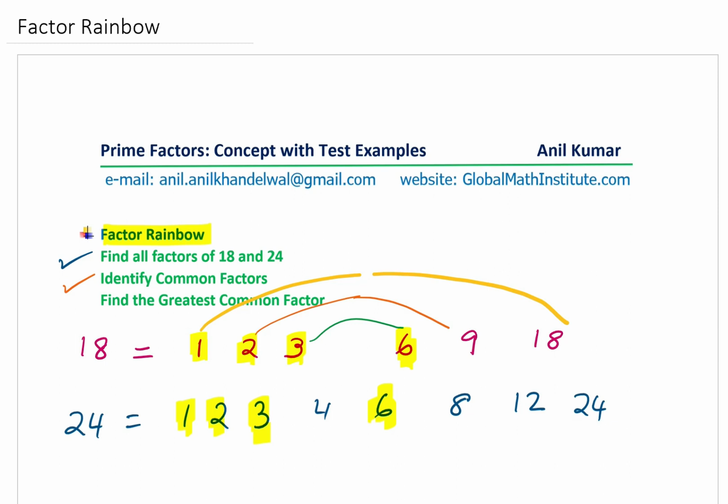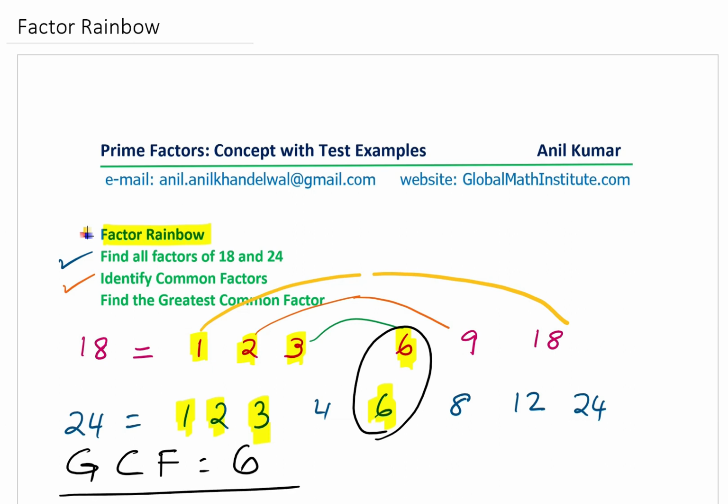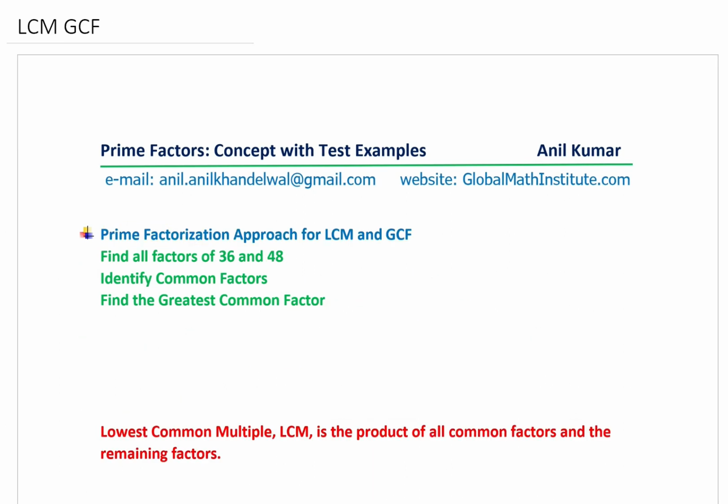So we have a term here which says greatest common factor, and clearly the greatest common factor is 6. So we get this number as 6. Do you see that? So using these factors, we found the greatest common factor. However, we have to write all the factors to get the greatest common factor. We'll learn another technique of finding the greatest. Lowest is always 1, but for the greatest common factor, let's look into another technique.